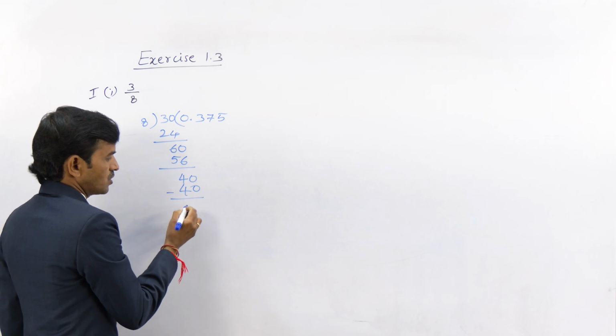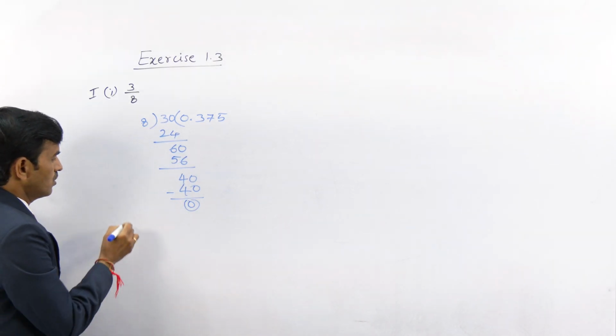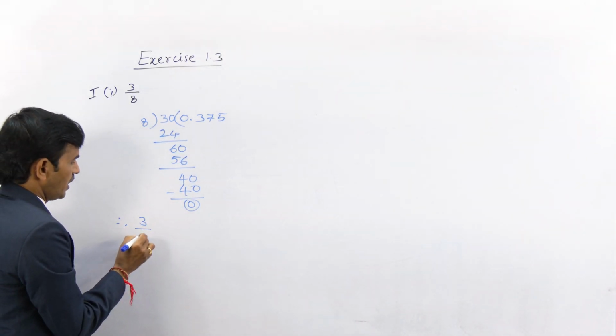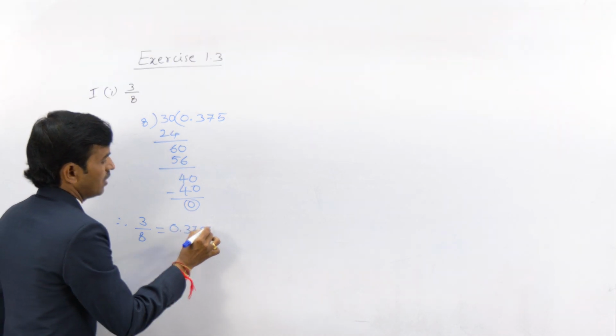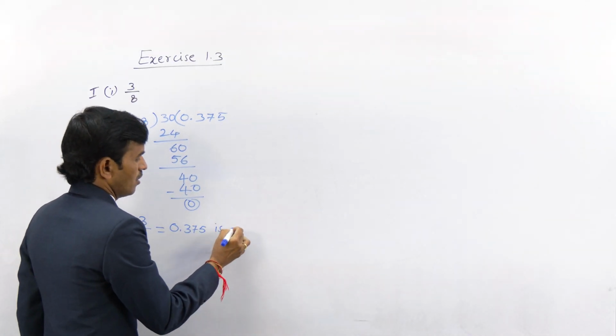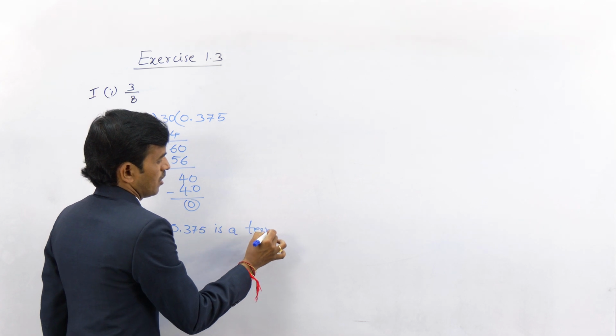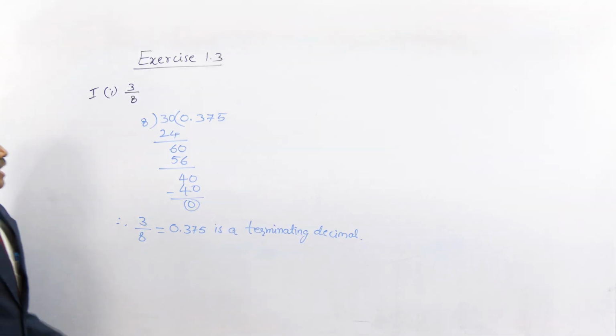So when you subtract, the remainder is 0. Therefore 3 by 8 can be written as 0.375, which is a terminating decimal.